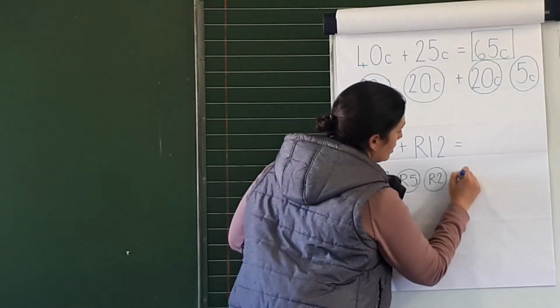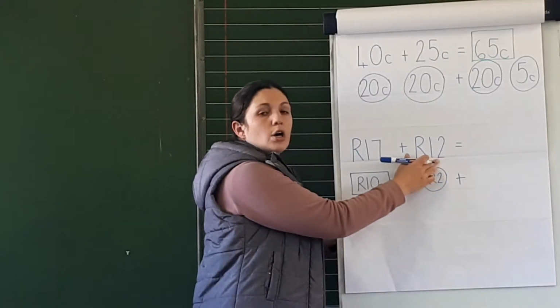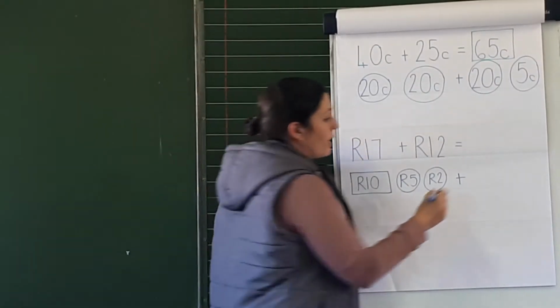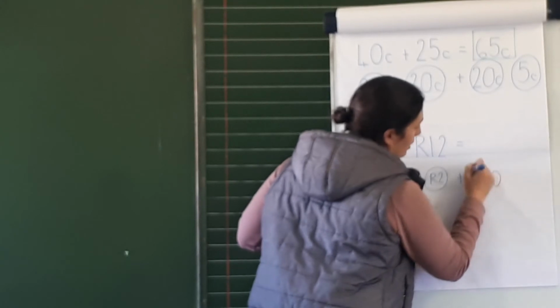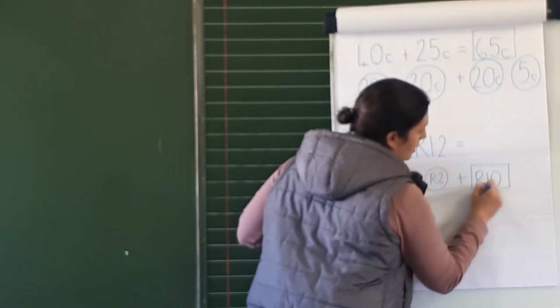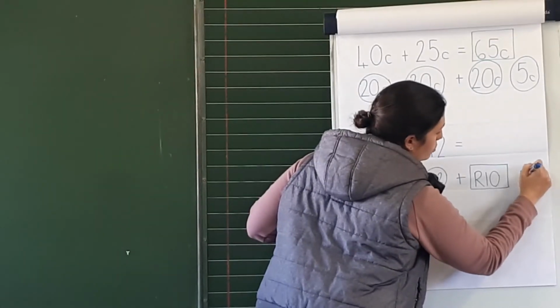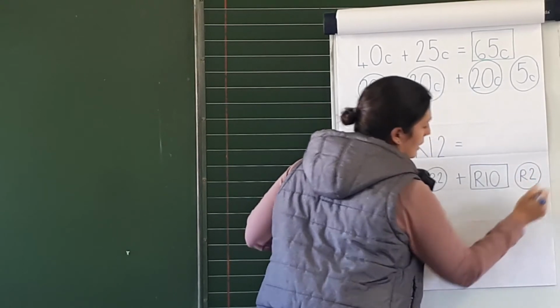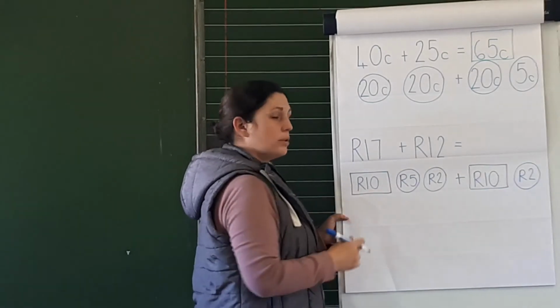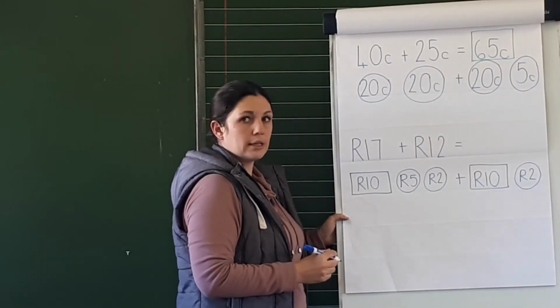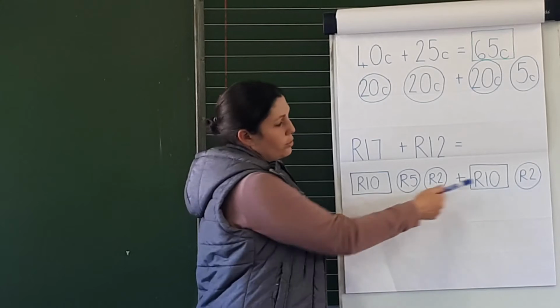Now, I still need a 12 rand over here. I can't use a 12 rand note, so I'm going to use a 10 rand because we know that in 12 is a 10, and I'm going to use a 2 rand coin, like that. So 10 plus 2 makes 12. Now all that's left for me to do is add this together, and I normally use the notes first.